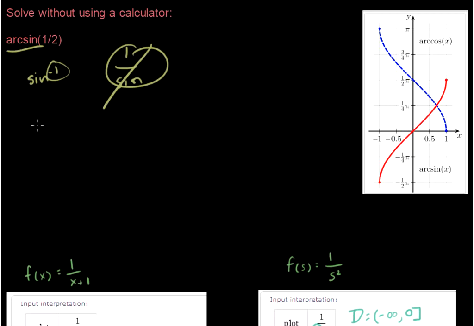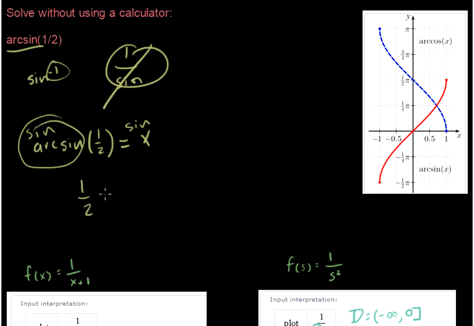So as far as the undoing goes, you can just take this arcsine of 1/2 is equal to some number x, apply its inverse to both sides, and when you do that, you're going to undo this, and you're just left with the 1/2.